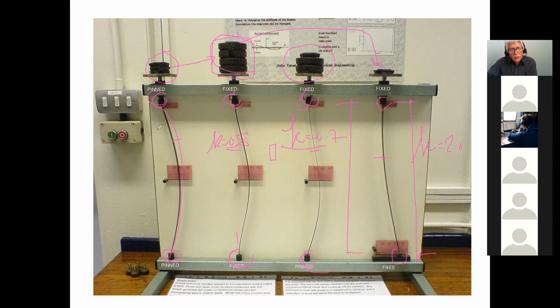And here it's just pinned, so it can just rotate and not have any resistance to rotation. It gives you a very good appreciation of how it can drastically improve or reduce your load carrying capacity just on how it's constructed at the ends of the columns.